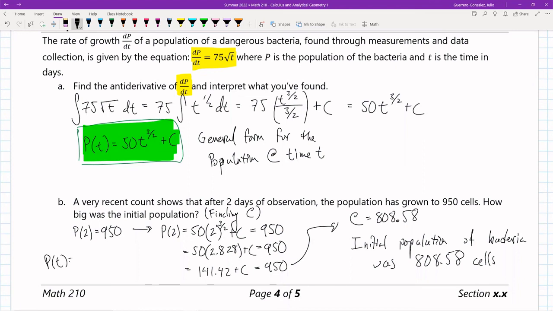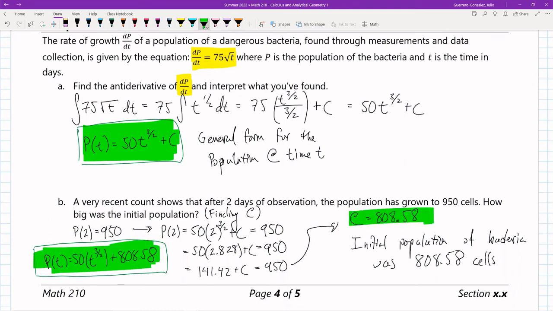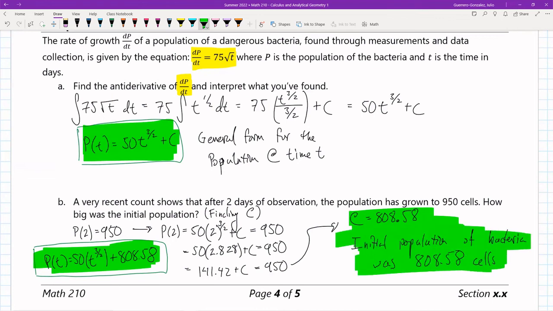So that means P of t is equal to 50 times t to the 3/2 plus 808.58. This is our final equation that models the growth of this bacteria. But to answer the question, how big was the initial population? 808, 809 cells.